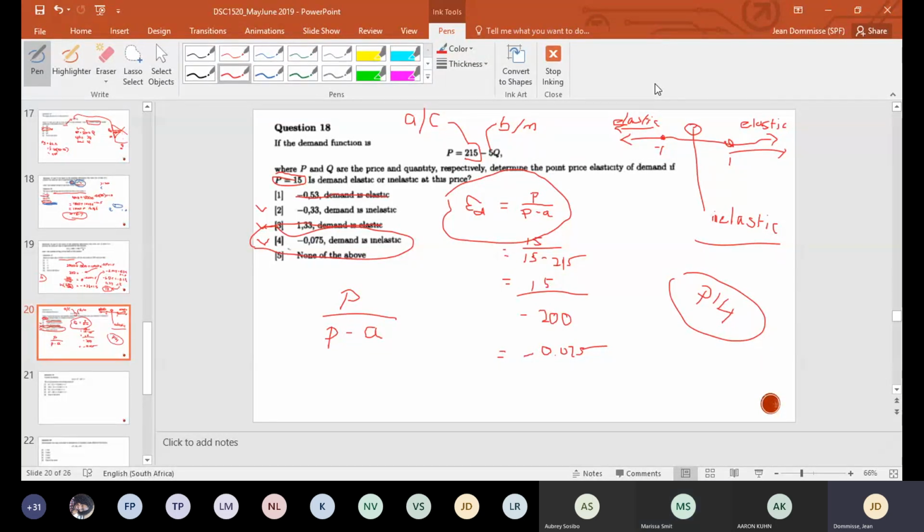Let's quickly check. The one formula is P over Q. Okay, I'll check for you and later on post it on the WhatsApp group.